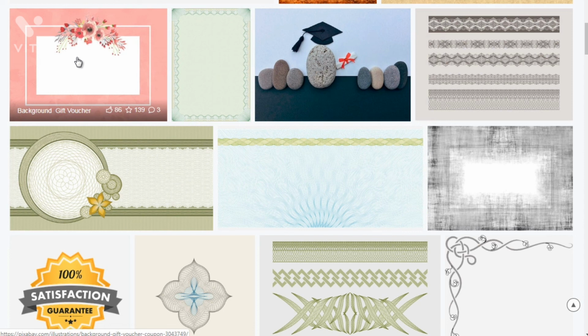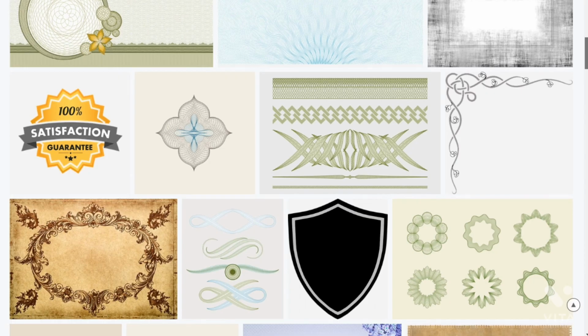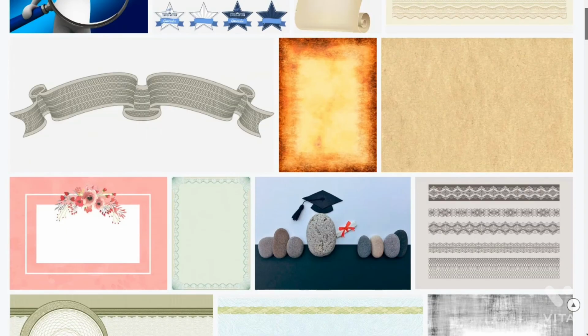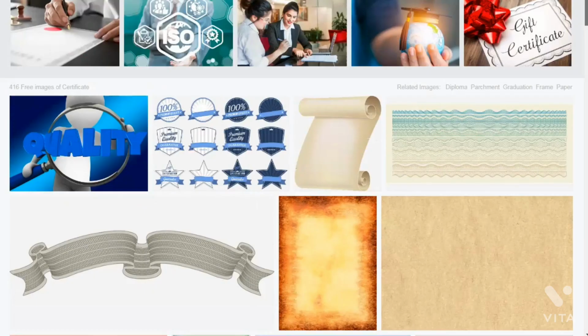So it's okay to have some words, but you do want to have some bare spots. For example, if you had a certificate that had a lot of words like this, that would not work. So all you need to do is simply download one of these.